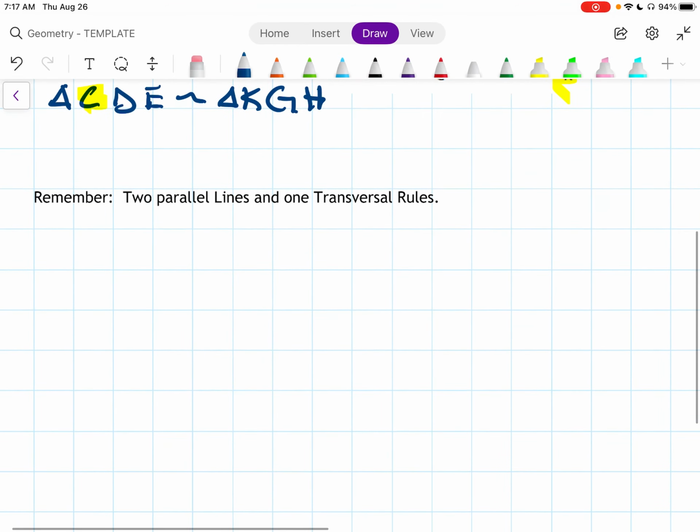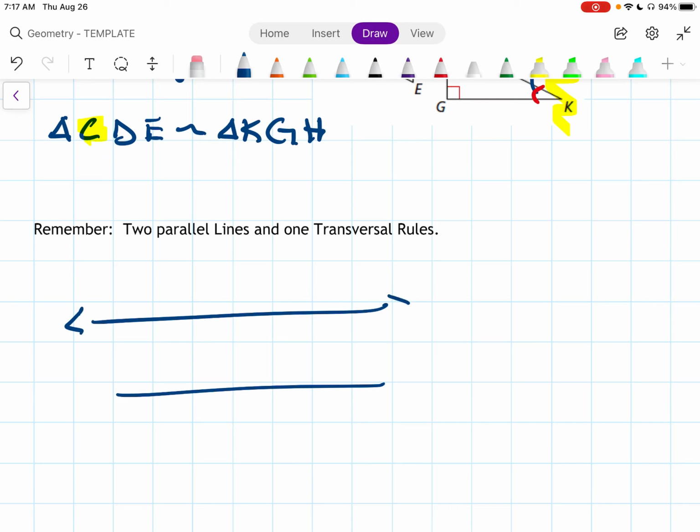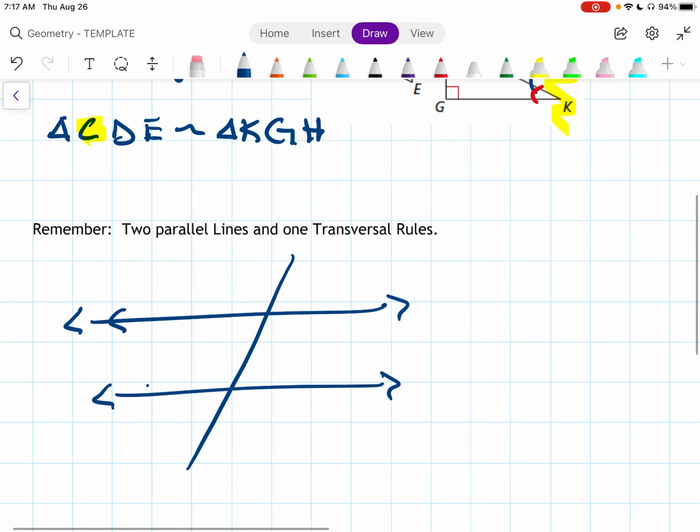To help with the homework, we need to remember something: two parallel lines and one transversal. If we have two parallel lines, I need the little arrows there to say they're parallel. And our transversal is just a line that goes through them. Then we have a bunch of angles here, and a bunch of them are congruent.